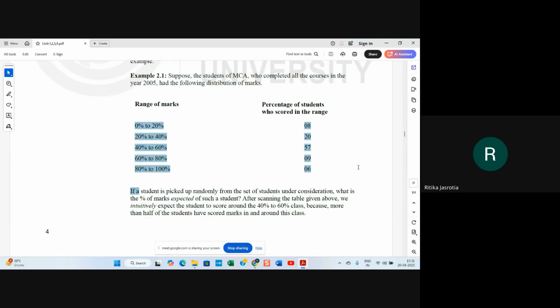So they are saying these are the numbers of students according to their percentage marks in MCA. But if we pick a random student, how will we know what is the percentage of marks expected of such a student?